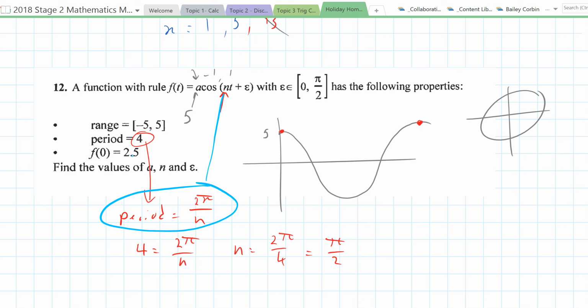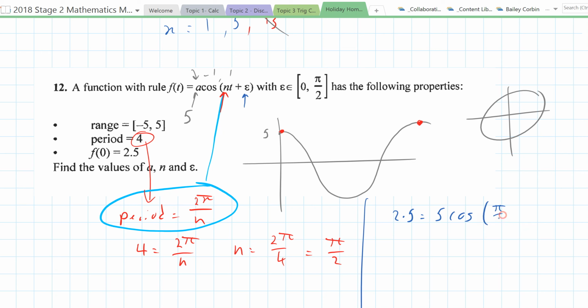Now f of 0 is 2.5. What that means is that if we sub in x equals 0 or t equals 0, then f of t is 2.5. So we have a little bit of algebra to do here, because we've got almost everything, but we just need this last little bit here. So 2.5 is f of t equals 5 cos bracket. Now n for us is pi on 2.